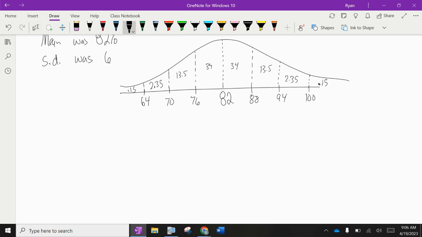Question. What percent of the people scored below 76? We have enough information with our drawing to answer this one. You might want to use your calculator, your numbers, that chart.